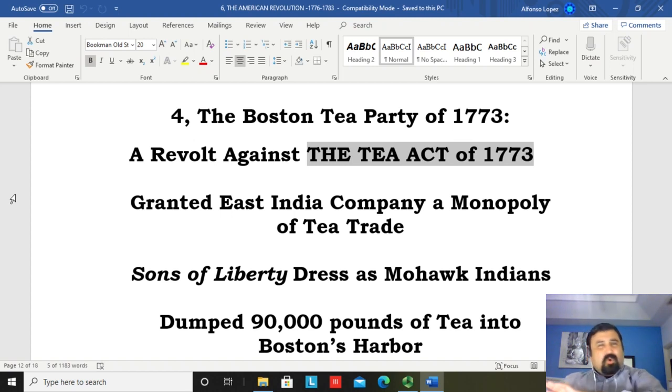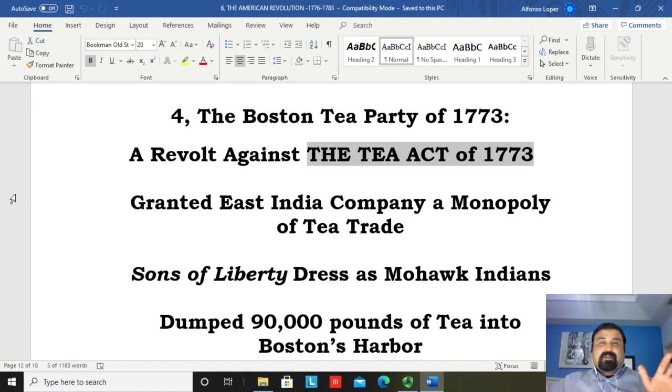So this is going to totally displace the colonial merchants. They're not going to be selling tea anymore, because they're not licensed. Furthermore, the East India Company under the Tea Act was going to bring tea and sell it very cheaply.